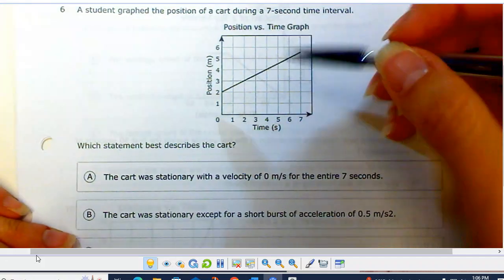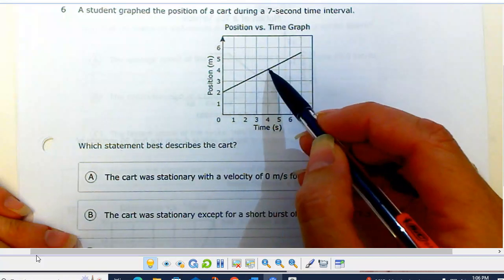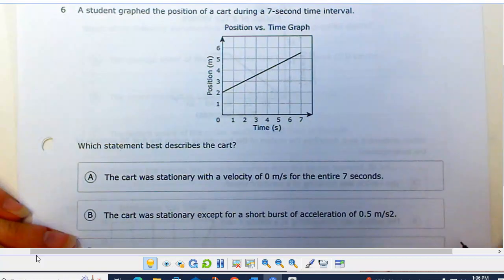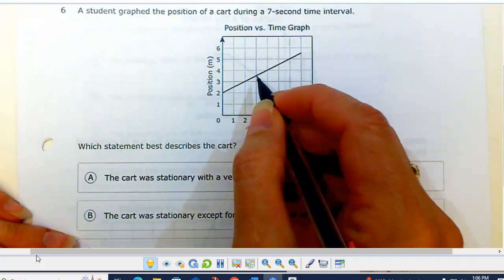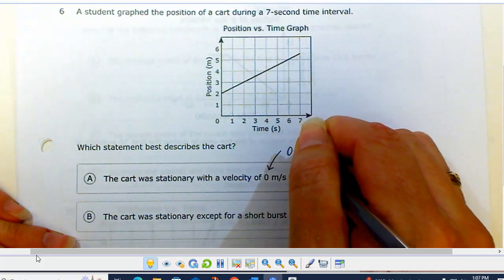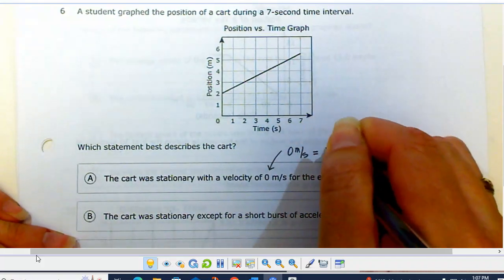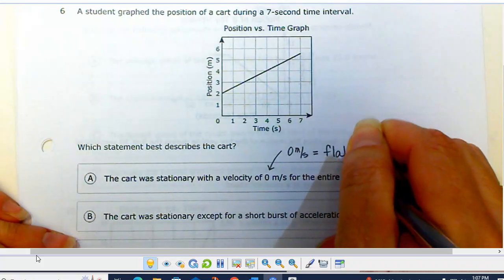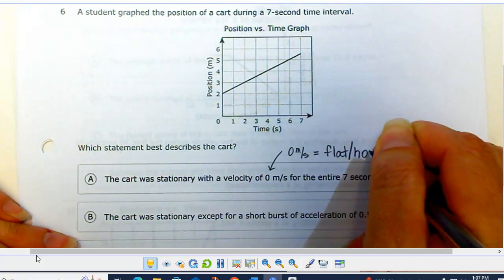That is not the case because the position number is changing over time. If it was not changing over time, then the line would be flat. So 0 meters per second equals a flat, or really I should say a horizontal, line.